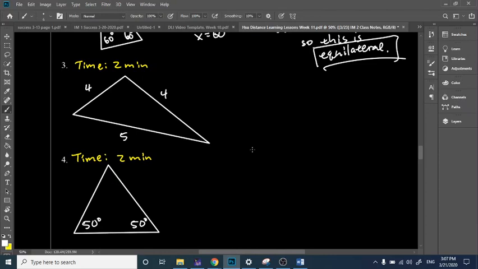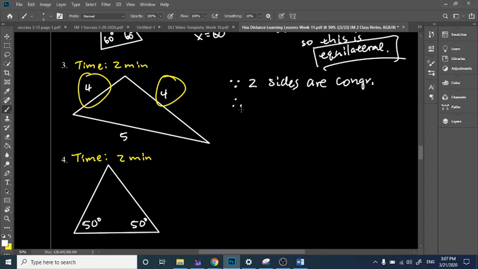3, 2, 1, 0. Okay, so here we have something a little bit easier because we're directly given 2 of the sides. So we have 2 sides that are the same and we have one that's different. So because 2 sides are congruent, therefore, this is literally just a definition of isosceles.